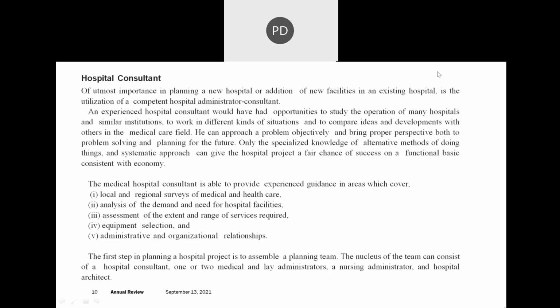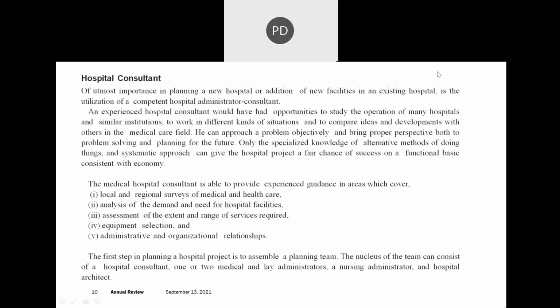Okay, for hospital statistics and everything, these people would be helping you find out how many hospitals there are in the local and regional areas, what facilities are given in those hospitals, and what the statistics are.